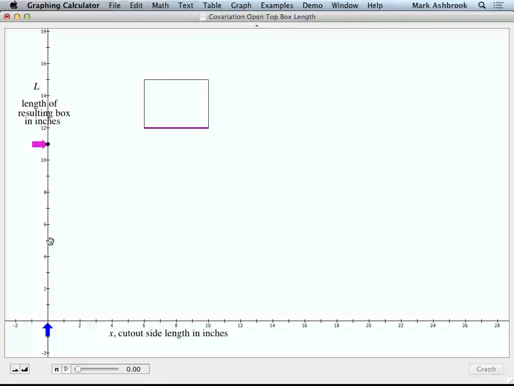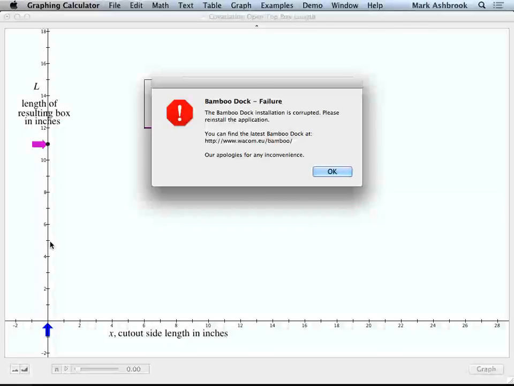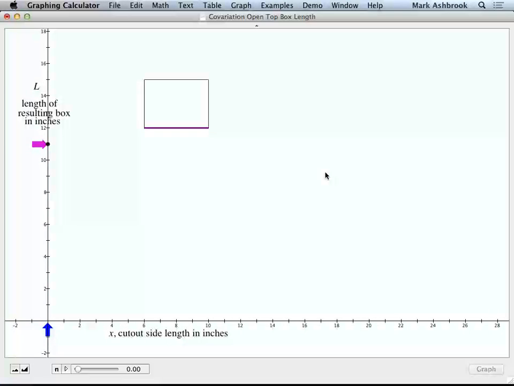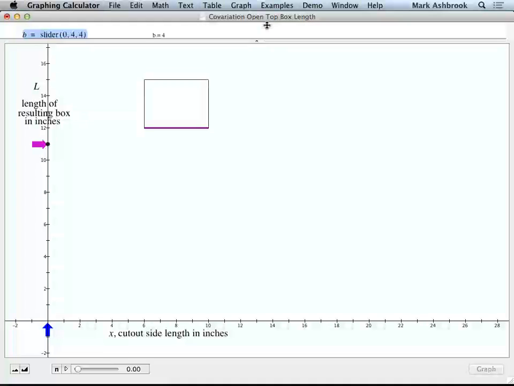So we increase the cutout length by 0.5. You're decreasing the length of the box by 1 inch. And can you explain why? Because you have half an inch on one side that you're taking out, half an inch on the other side that you're taking out, and those added up equal 1 inch. Okay.